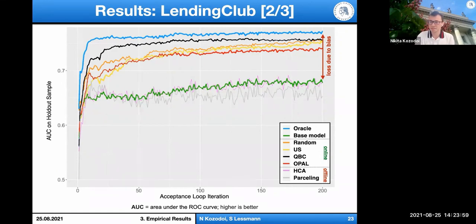In Lending Club data sets, since I was telling that we consider the most risky accepts as rejects, we also take a holdout sample that contains a certain proportion of accepts and rejects. So it is also representative of what we refer to as the population of borrowers. So this should be data representative of the population.